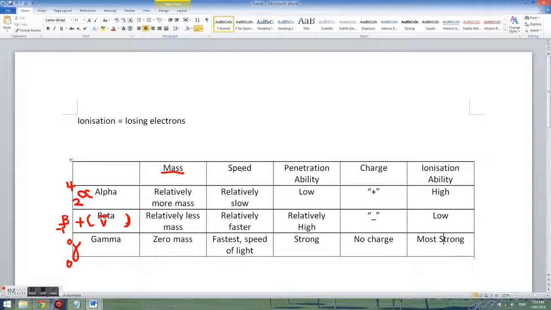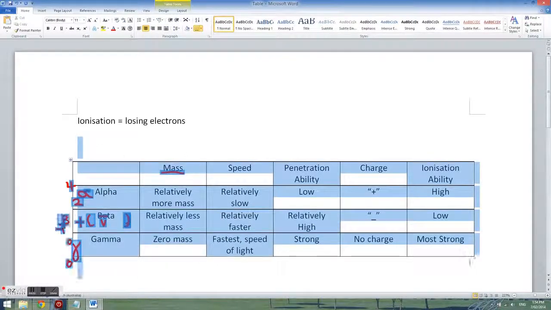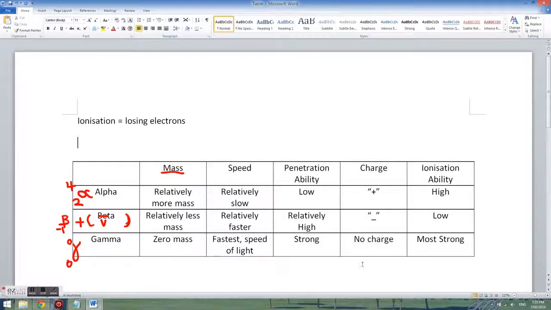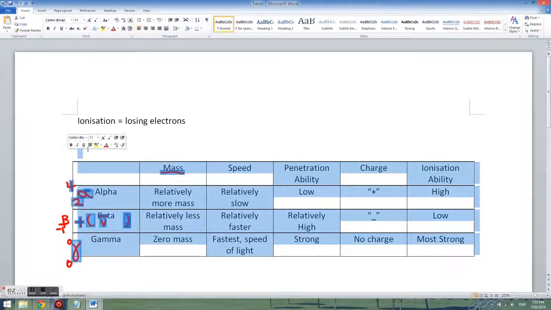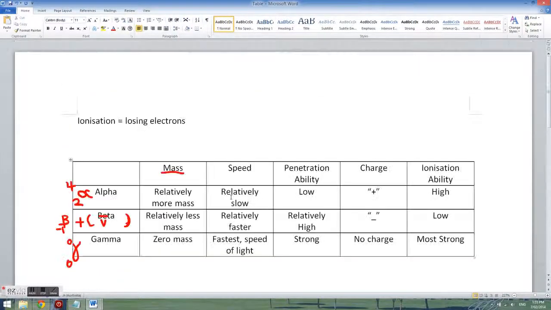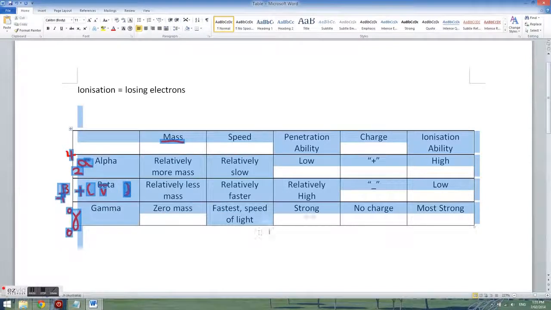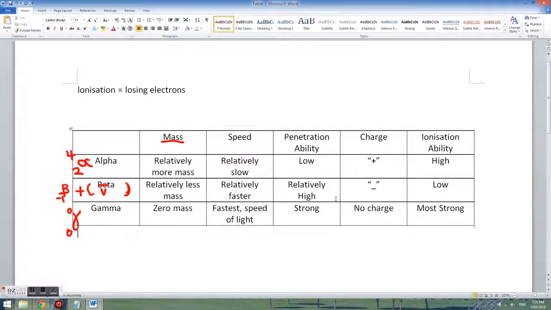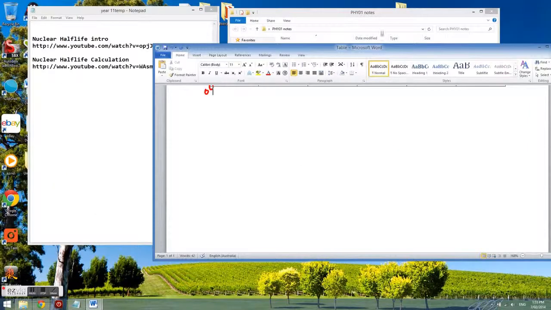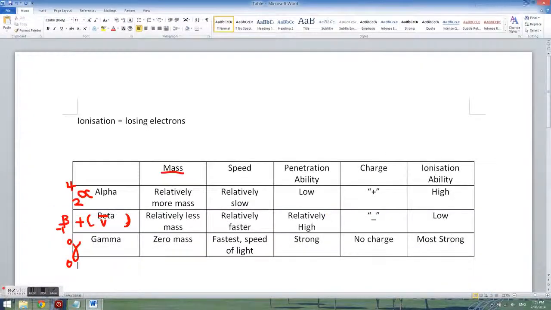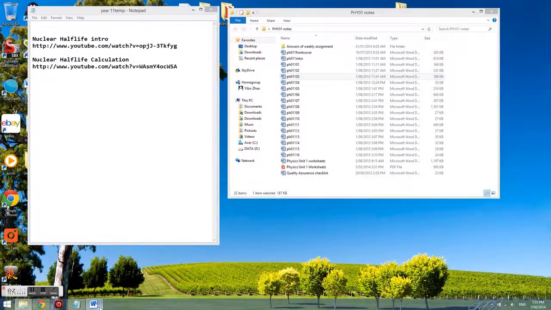Now, I want you to create this table in your notebook. Perhaps if you're preparing your cheat sheet, you can write this down in your cheat sheet. But however, create something like this in your notebook. Now, once we make the summary, let's go on to the next part.